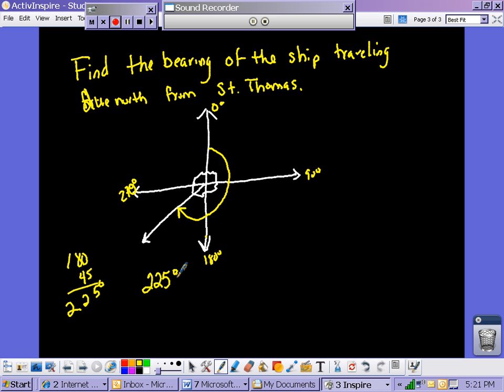All right, that's it for the due north. So let's do an example with the nautical miles and how we use that conversion, and then we will be done. Okay, so points A and B are 257 knot miles apart.